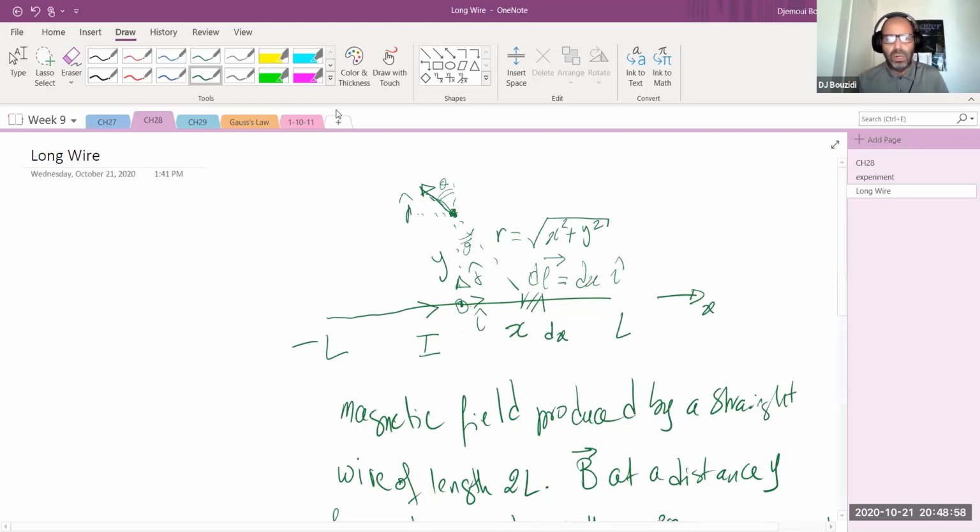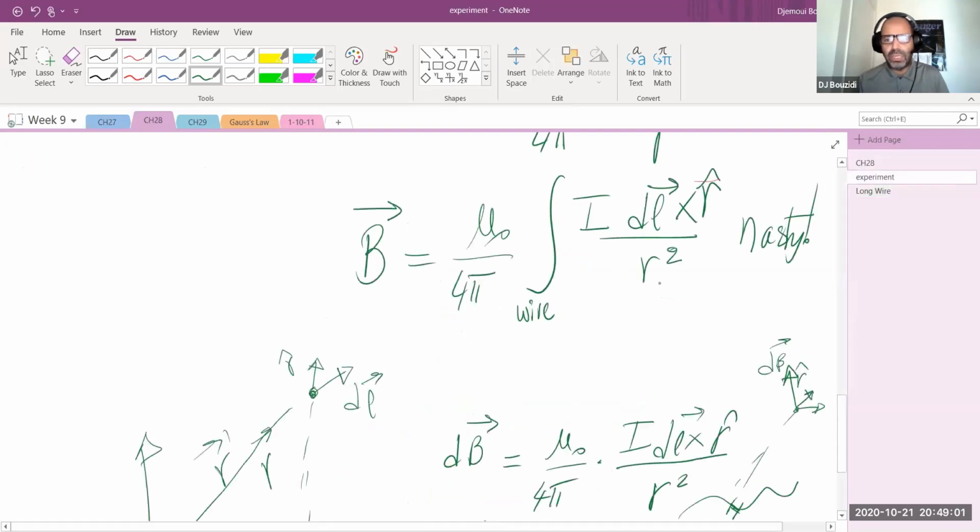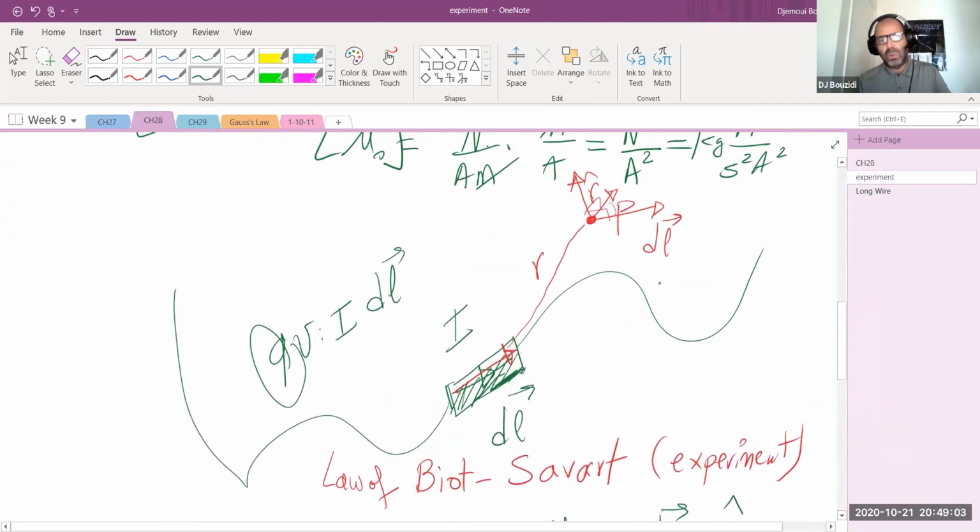As I said before, and this is the first question that Sebastian raised, and the point of the discussion today, the cross product of these two vectors is always perpendicular to the plane where they exist. So this is the question today, and this is its answer. The magnetic field is always perpendicular to the plane formed by the current, basically the wire itself, and the direction in which we're calculating the magnetic field.